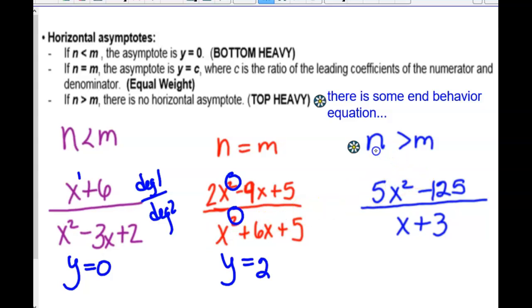Here, if the degree of the top is greater than the bottom, okay, it has no horizontal asymptote. But we're going to learn about an end behavior equation. We're going to learn we have to actually divide this. And this one we could use synthetic division to find the equation of the asymptote. I'm not going to do that one yet.